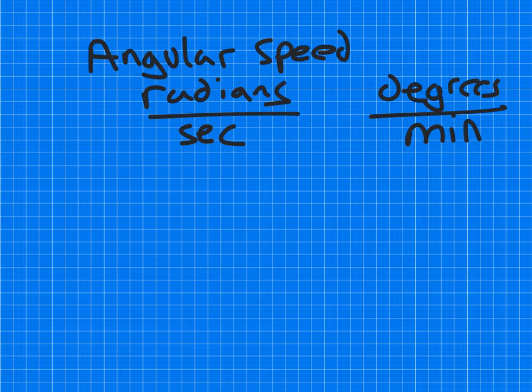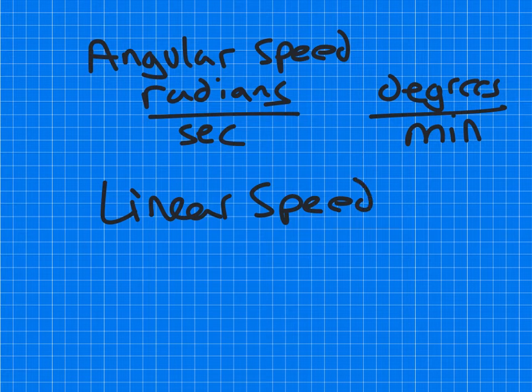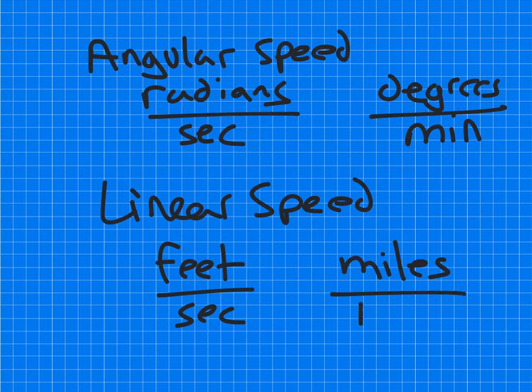It's an angle measurement per unit of time, whereas linear speed is in maybe feet per second or miles per hour.